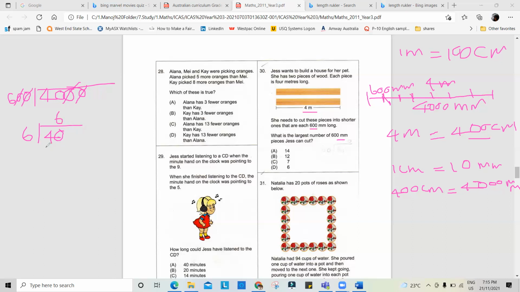Exactly, very good. You know how to do the division. That's very good. 6 is the answer, and remainder 4 is the small piece that will be left over. Then you can cut 6 pieces. Then the answer will be this one. You got the answer, right? We go to the next question.